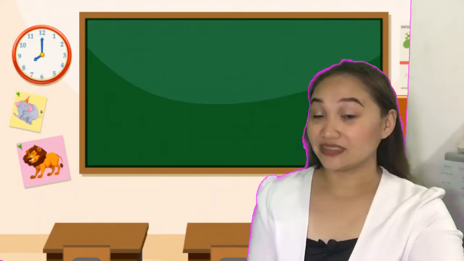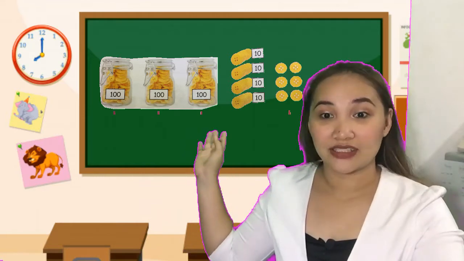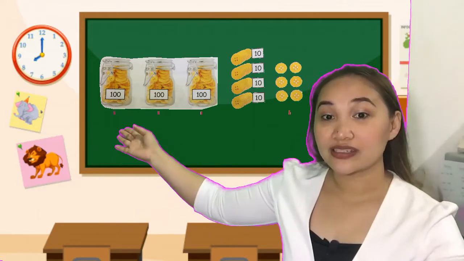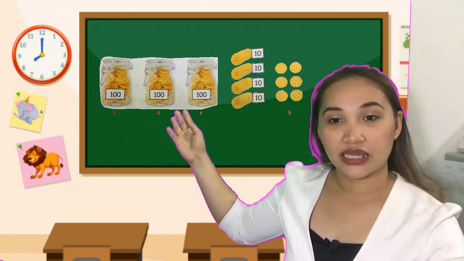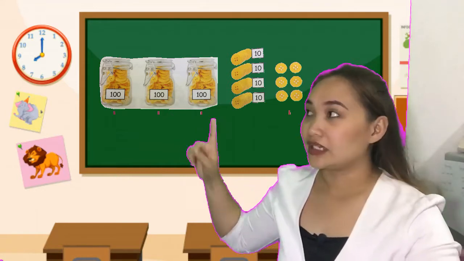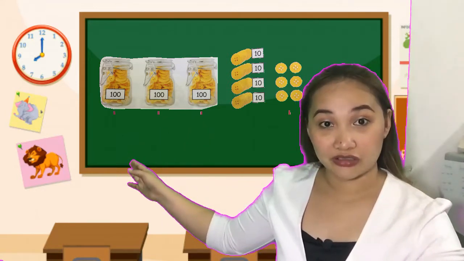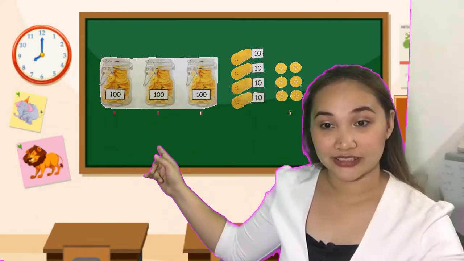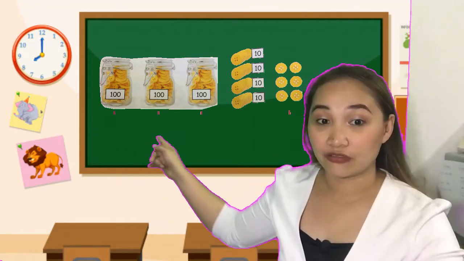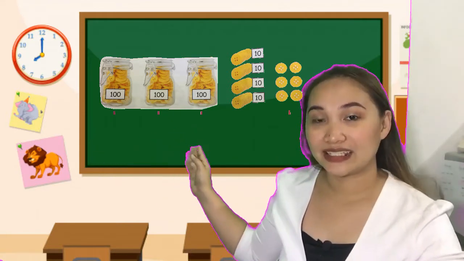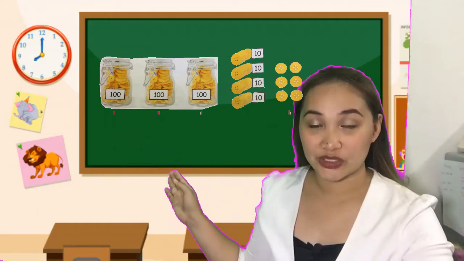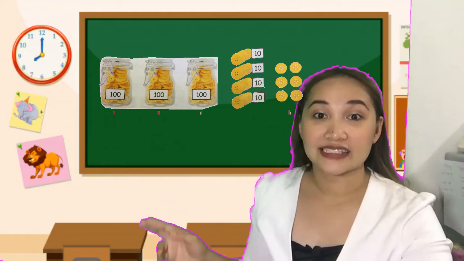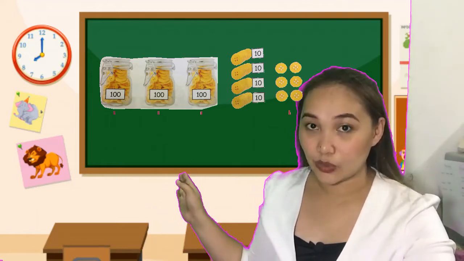So let's count how many yellow buttons we have. We have 3 jars full of yellow buttons. Each jar is filled with 100 yellow buttons, and we have 3 of them, so that's equal to 300 yellow buttons.